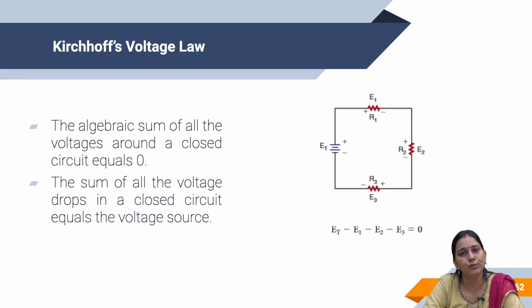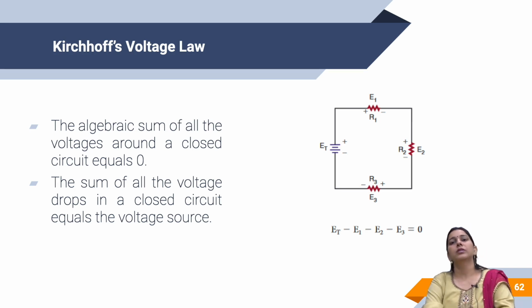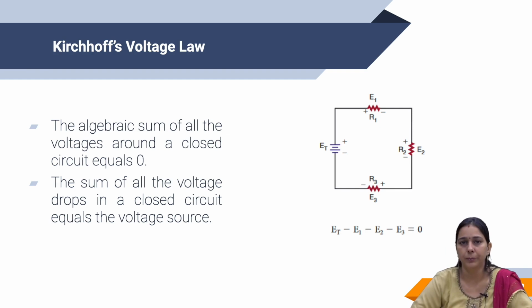Alternatively, we can also define Kirchhoff's voltage law as the sum of all the voltage sources in a closed circuit will be equal to all the voltage drops in the electrical circuit. In the given circuit, we have three resistances R1, R2 and R3 with our input voltage ET.